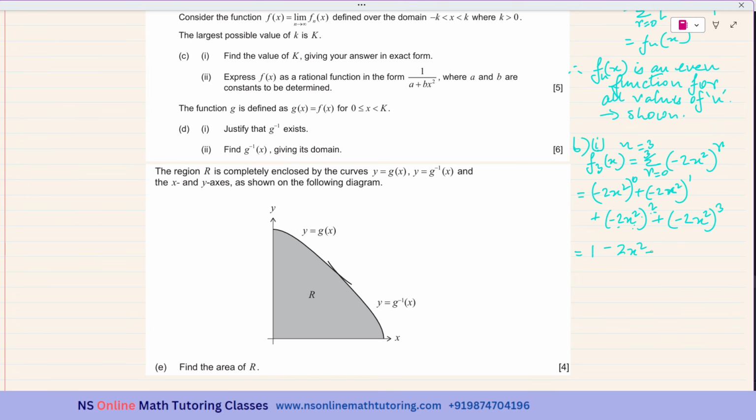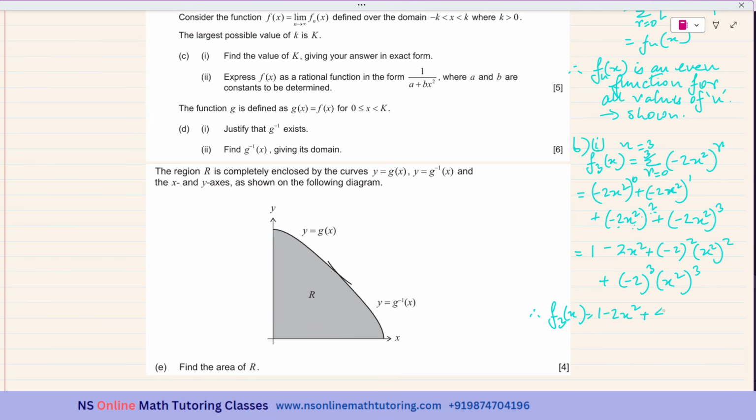So this is equal to anything raised to the power of 0 is 1. Negative 2x square raised to the power of 1 is minus 2x square. And minus 2x square raised to the power of 2, it will be minus 2 square and x square raised to the power of 2. Let me write it separately first of all. Minus 2 square and x square raised to the power of 2. And the last term is minus 2 raised to the power of 3 and x square raised to the power of 3. So therefore, if 3 of x is equal to 1 minus 2x square and minus 2 whole square is plus 4.